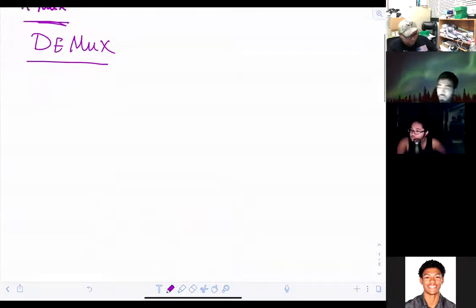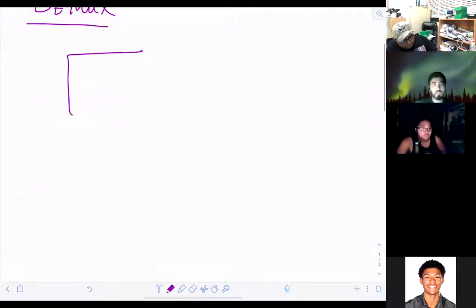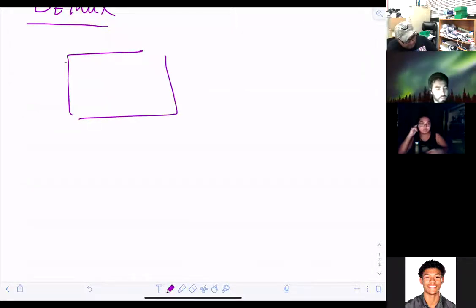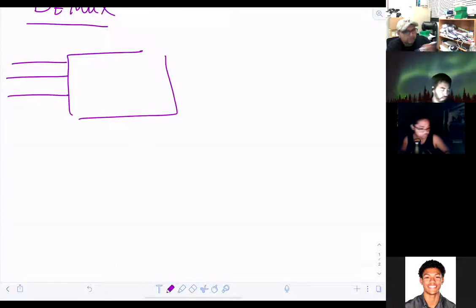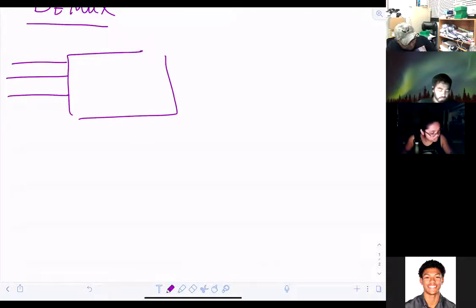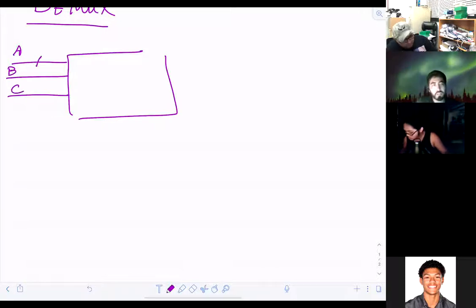So imagine the following. Somebody told you that I have a box, and this box has 3 inputs. And these inputs are what? A, B, C. Each one is a 1-bit representation.